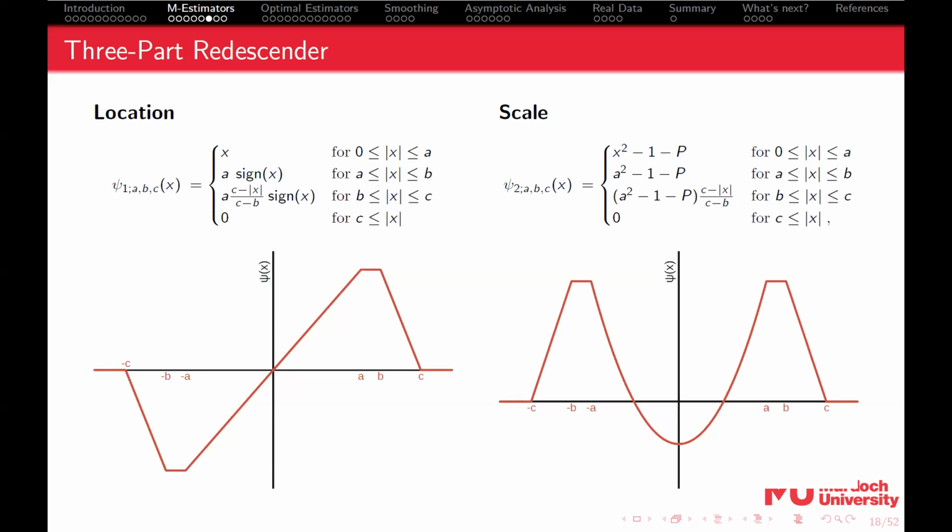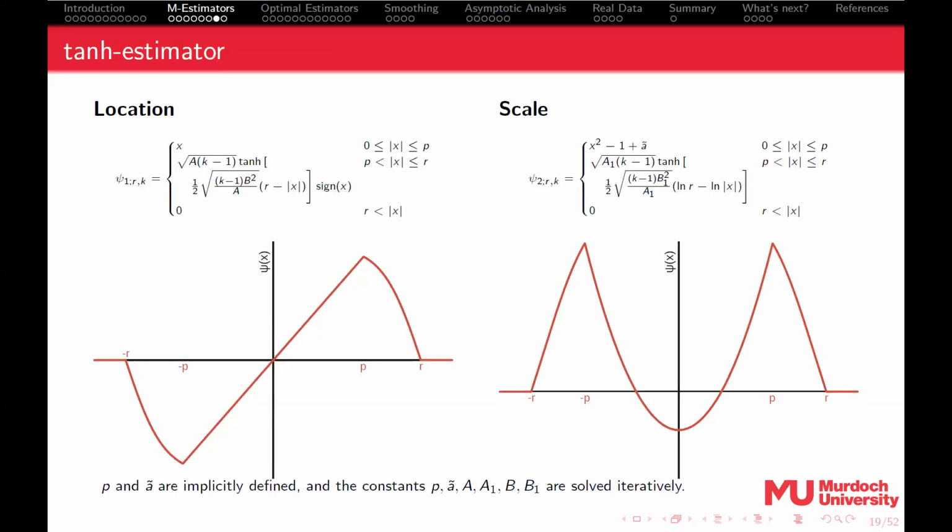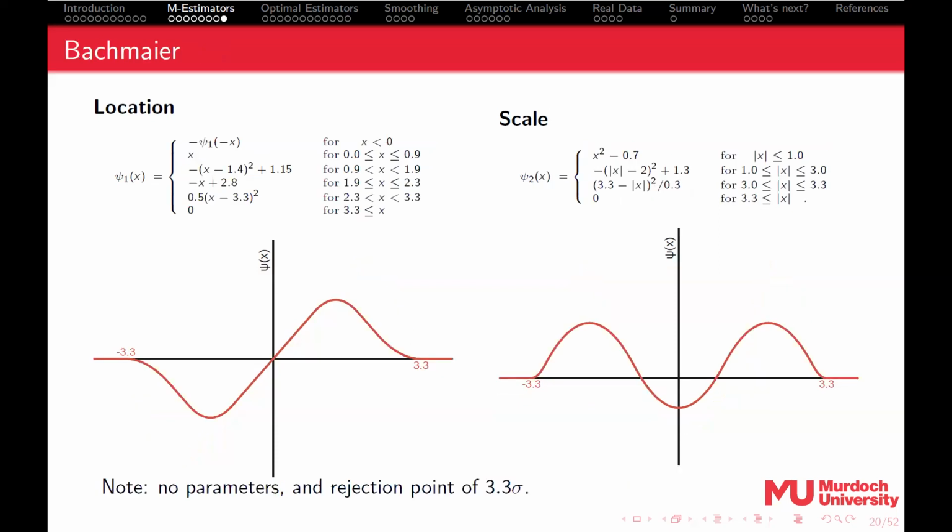The hyperbolic tangent estimator, one of his many contributions to the field, is optimal in another sense. And much more recently in this century, Bachmeier proposed location and scale estimates.